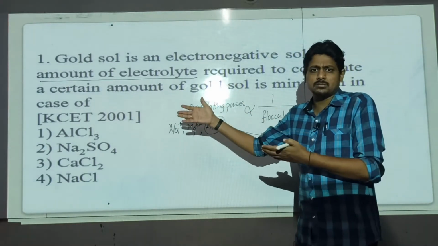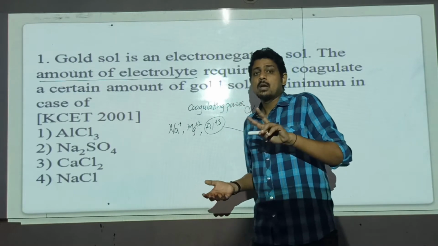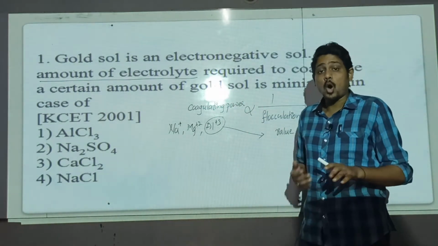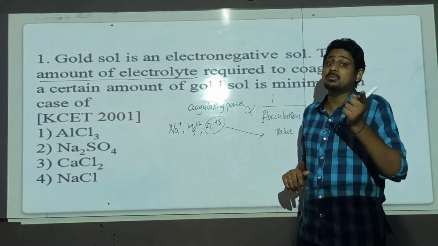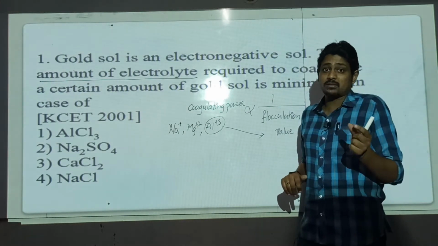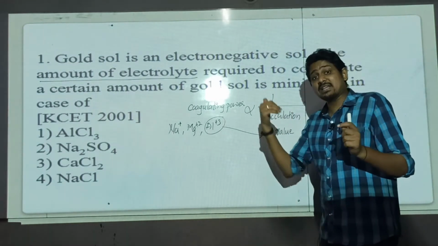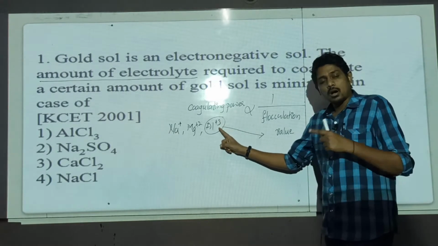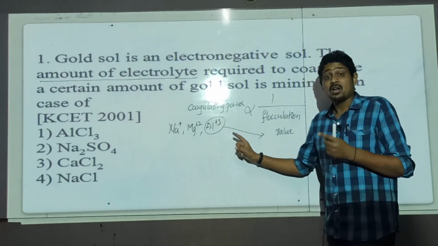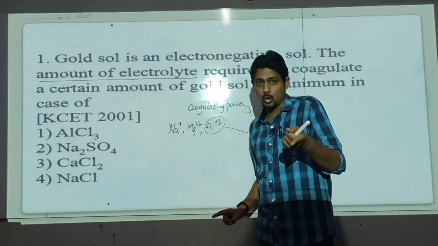They will give you certain colloidal sols and ask the question in two ways: the minimum amount required or the maximum amount of electrolyte required. When they ask for minimum flocculation value, the oxidation state should be higher. When they ask for maximum flocculation value, the oxidation state has to be lower.